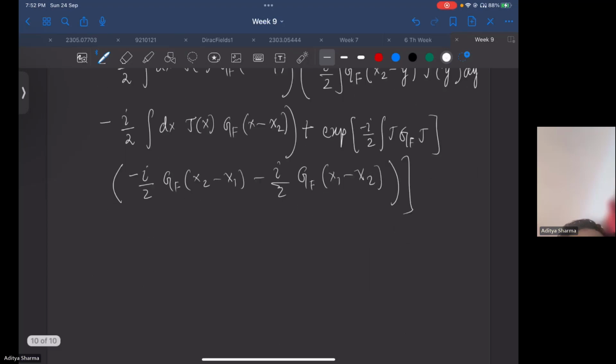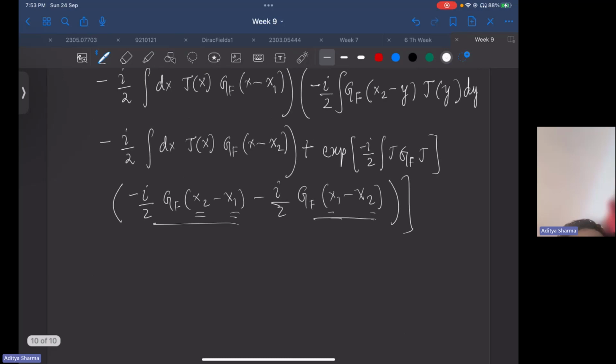Okay. And the Green's function is actually even when you change these two points. So this is nothing but minus i. So this will be added. You will have just minus i times.